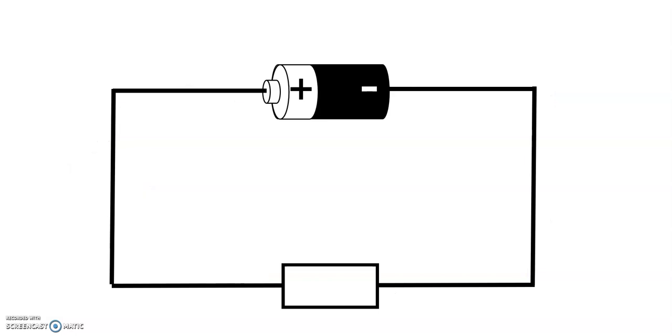If I were to place an ammeter there, using a battery of 1 volt and a resistor of 1 ohm, I would see a current of 1 amp passing at that point.